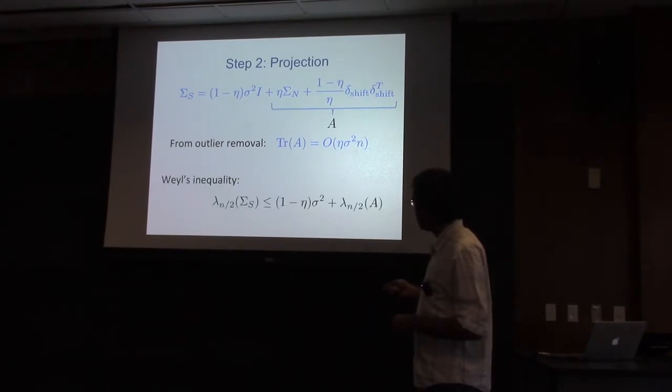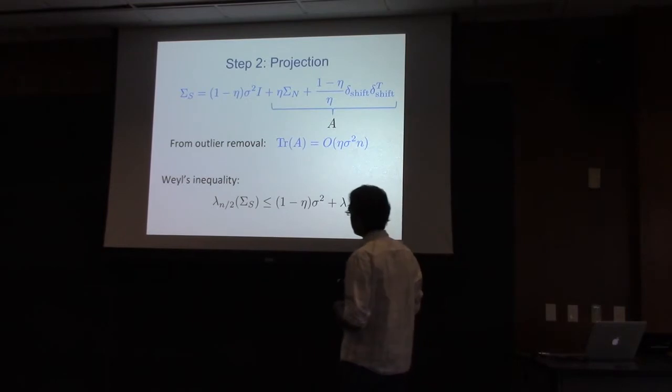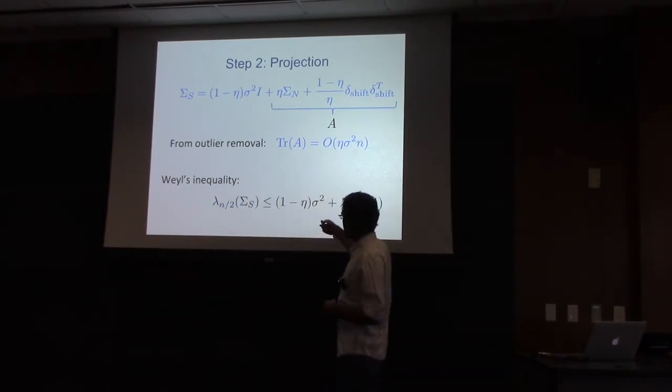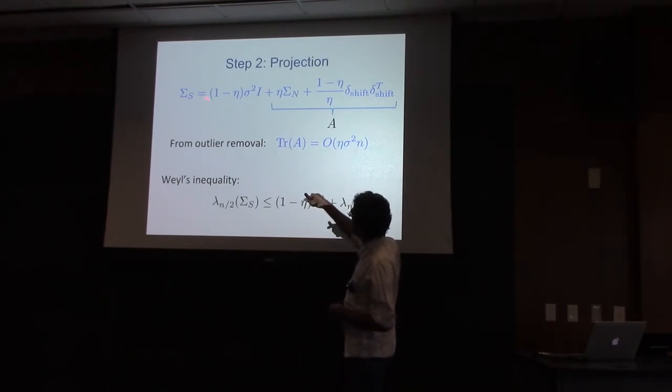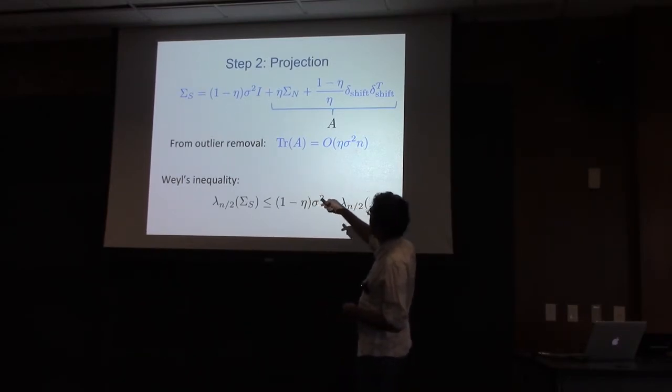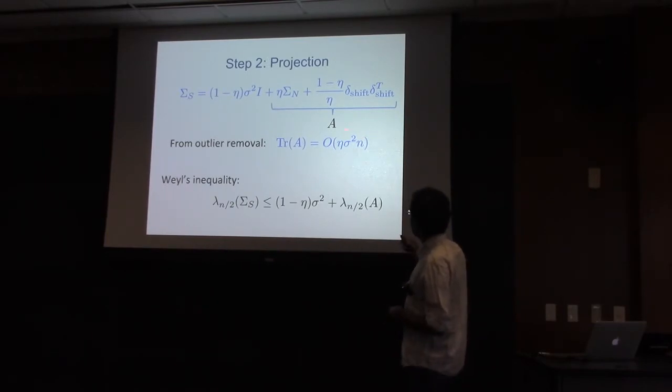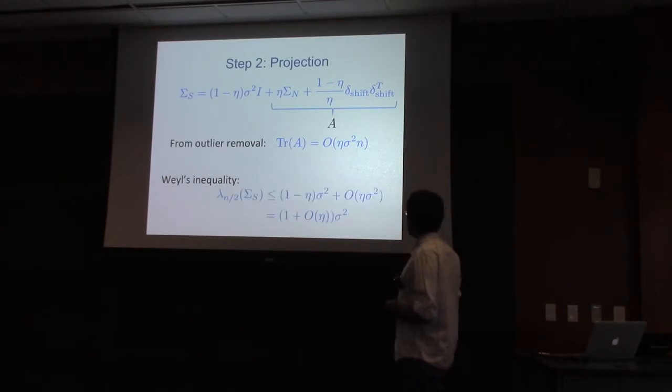Now we'll apply Weyl's inequality. It says that the n over 2th eigenvalue, or any eigenvalue, is at most the top eigenvalue of the Gaussian part, plus the n over 2th eigenvalue of A. Now since we have a bound on the trace of A, the n over 2th eigenvalue of A can't be bigger than eta sigma square.